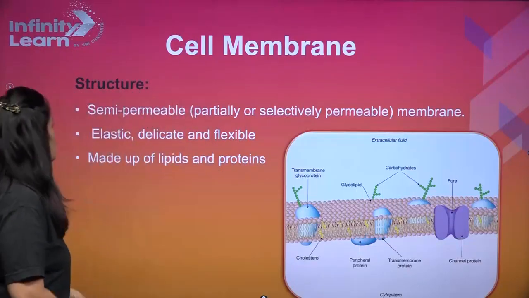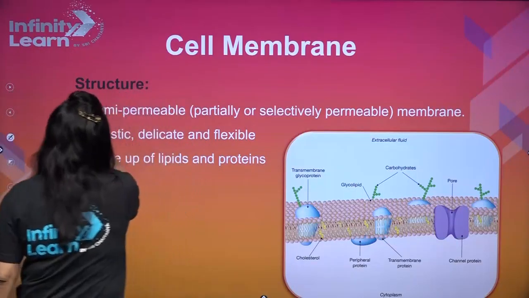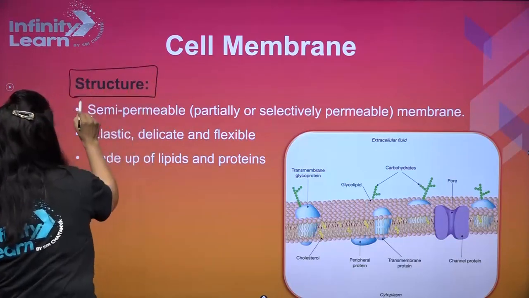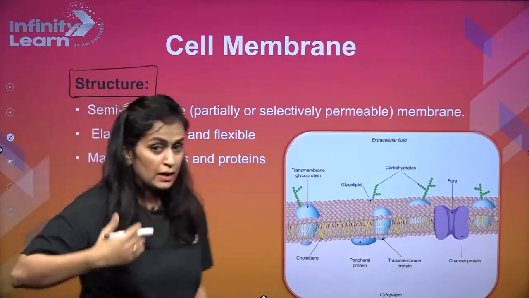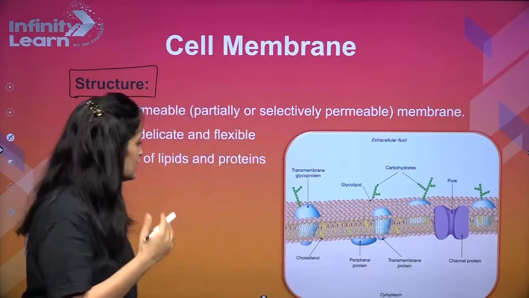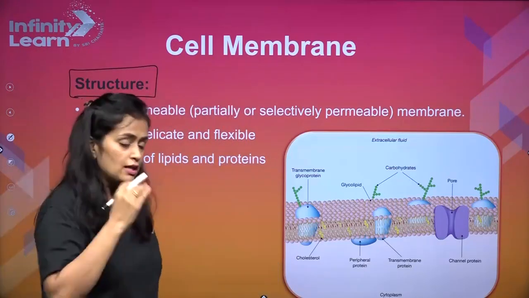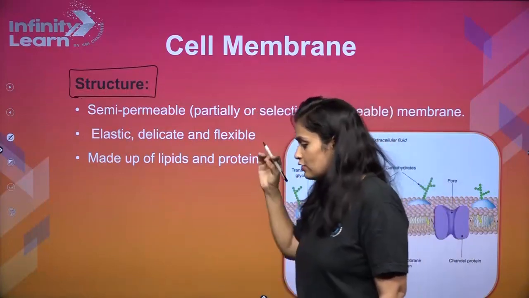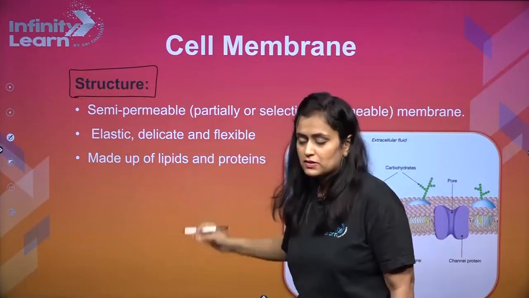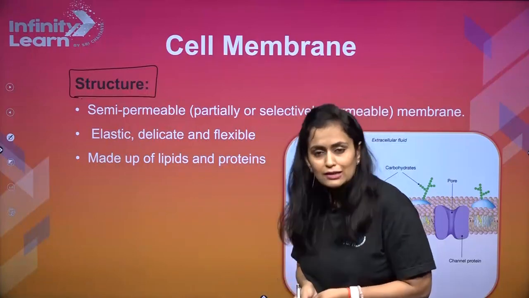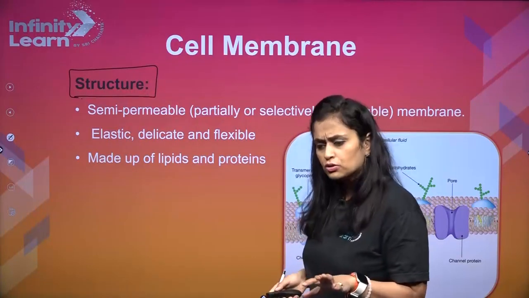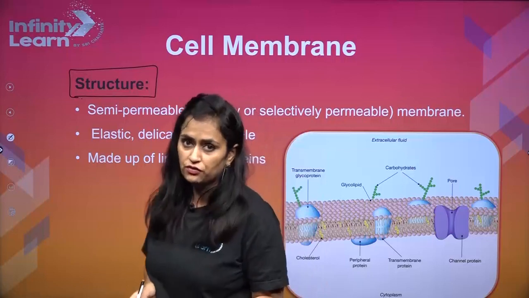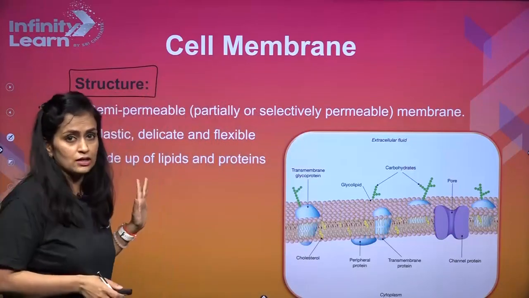Right? Now, first, we'll understand what is the structure of this cell membrane that we are talking about. So let it be plant, let it be animal, let it be a bacterial cell, we need to see whether there is a cell membrane present or not. And yes, definitely there is cell membrane present, although the composition of this might be different, but cell membrane is definitely there.